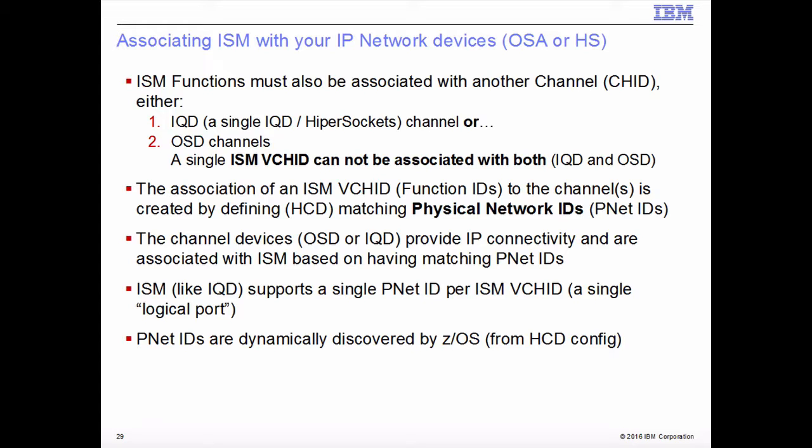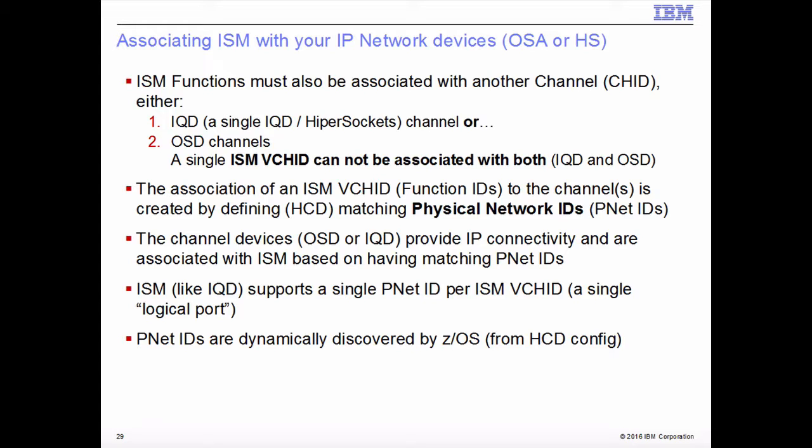So ISM functions must be associated with another CHID or a channel. So just like Rocky, you need to tie or associate your adapter with some IP connection, some adapter. And in the case of Rocky, it was only OSA. Now, interesting enough here, we showed you comparisons for HiperSockets and OSA. So we know that some customers use LPAR to LPAR for OSA, and some will use HiperSockets, some will use both.